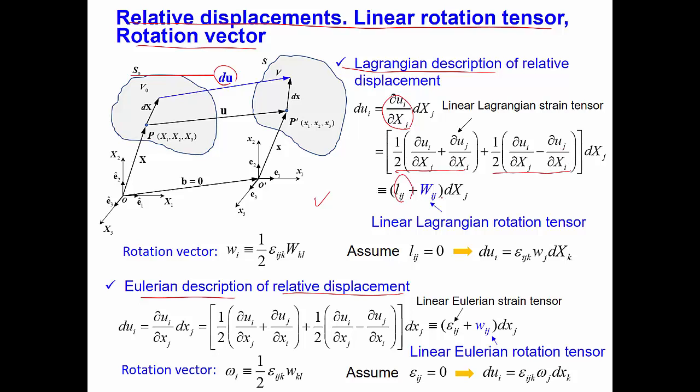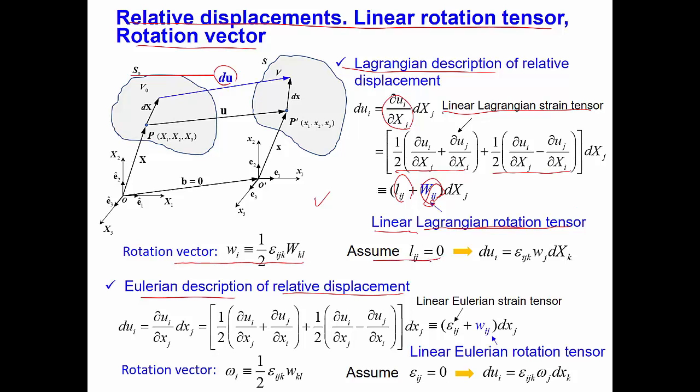One is symmetric and the other is antisymmetric. The former was already defined as the linear Lagrangian strain tensor. The latter is defined as the linear Lagrangian rotation tensor. Using the Lagrangian rotation tensor, we can define the Lagrangian rotation vector by this equation.